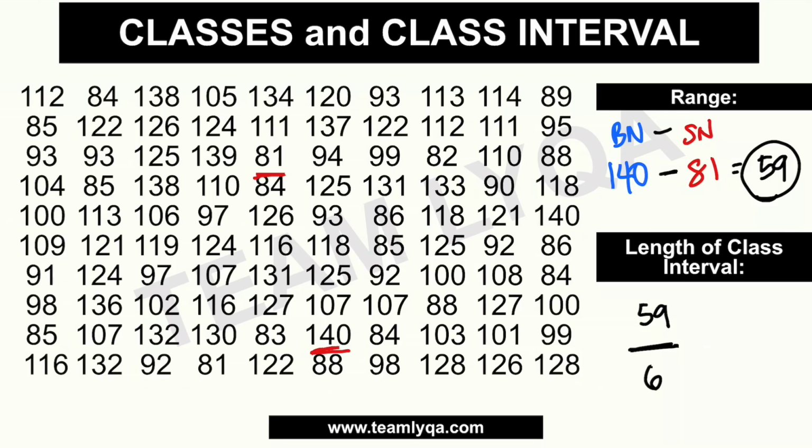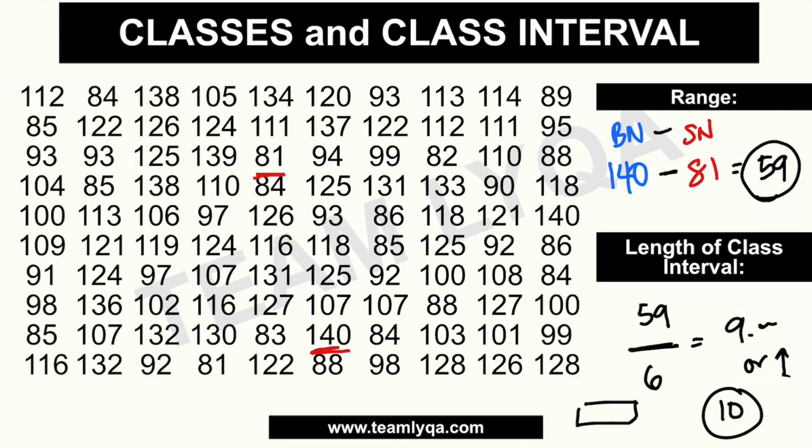Okay? That way, ang length or class width na tinatawag would be about 9 point something. Or, i-round up na lang natin siya, and always dapat naka-round up yan, i-round natin sa 10. So, ibig sabihin nun, bawat class ay may tig-10 numbers.